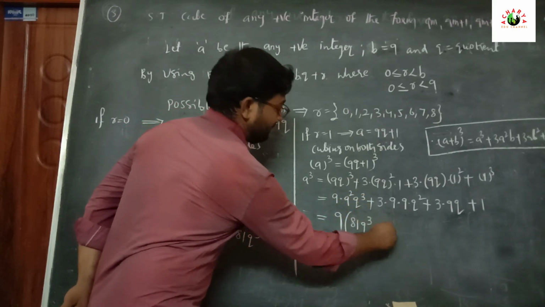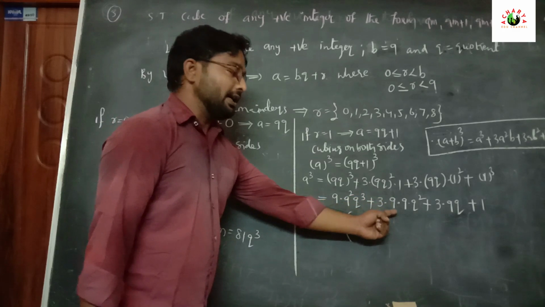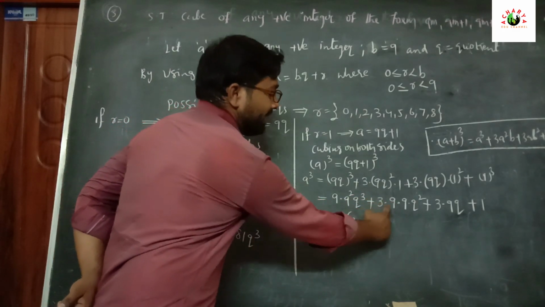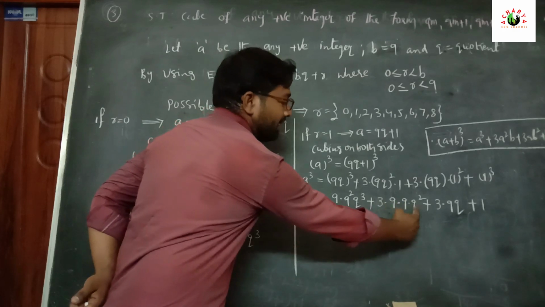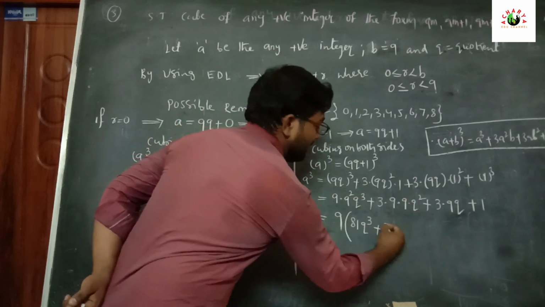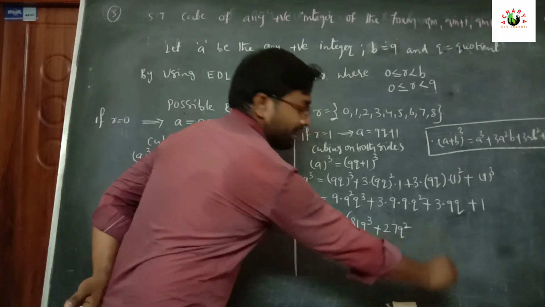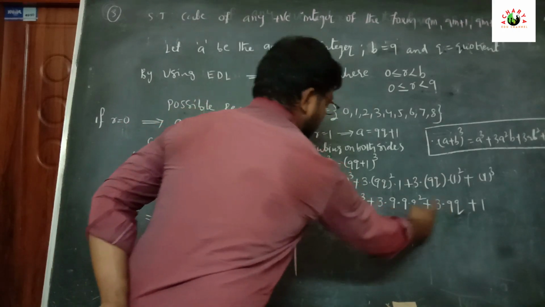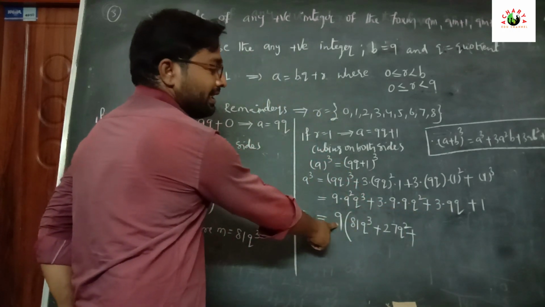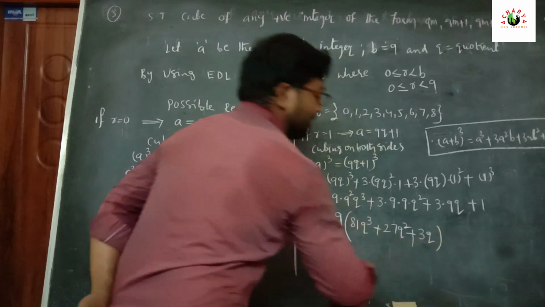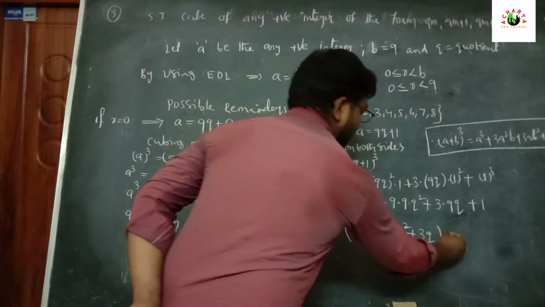Coming to the second term, taking one 9 common, the remaining terms are 3 into 9 q square. 3 nines are 27, and q square: 27q square, plus. Next, in the third term also taking 9 common, the remaining term is 3q, and the plus 1 we can write outside.